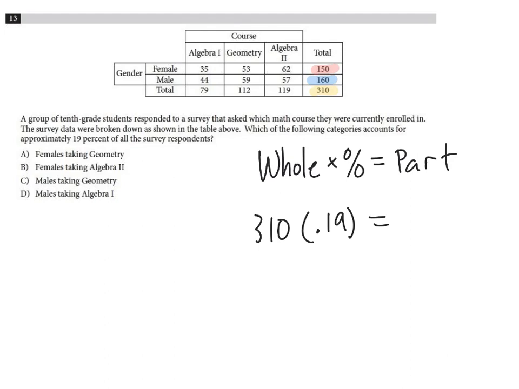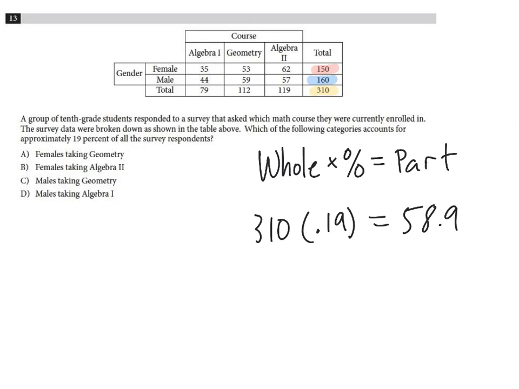Okay, I'm going to go over to my calculator here. And I'm just going to type in 310 times 0.19. Well, that's 58.9. Okay, so which one of these is going to match 58.9 or get close to that?